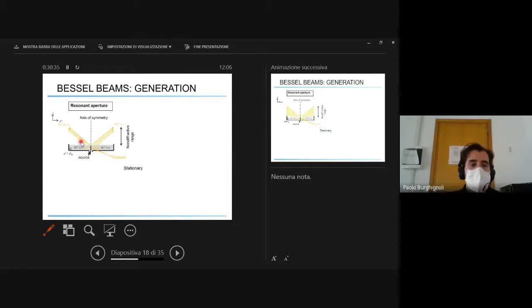Since you have an outward Hankel function, you will have rays that propagate outward from the source, and then you will not be able to focus energy towards the axis of symmetry. But if you enforce a reflection boundary at the edge of this cavity, you will also have reflected rays that are now a Hankel function of the first species.